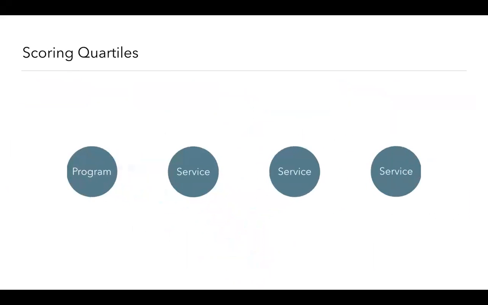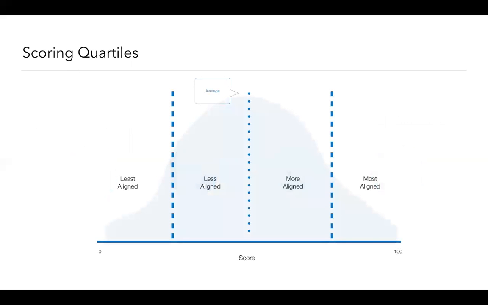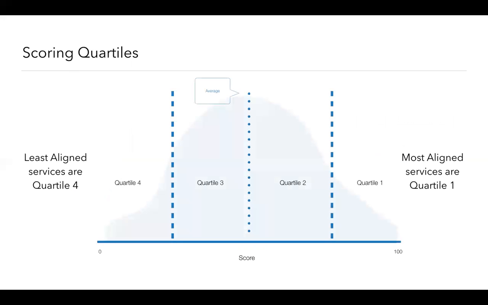What those final scores will help us do is to determine whether or not the services are in high alignment with your priorities or if they're in a lower alignment with your priorities. We take that information and assign a quartile to each one of the services. So those that are in less alignment fall into quartile 4. Those with the most aligned fall into quartile 1.